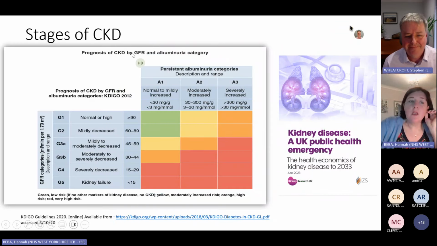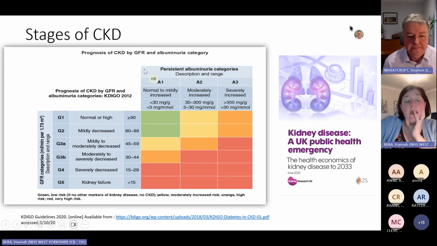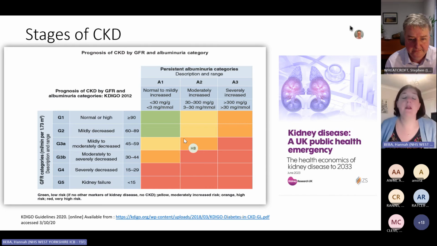So when we're thinking about chronic kidney disease, obviously we need to think about what stage of chronic kidney disease somebody has, and you can see here the classic KDIGO heat map. The colour coordination is not about renal risk, but actually about cardiovascular risk in these people.